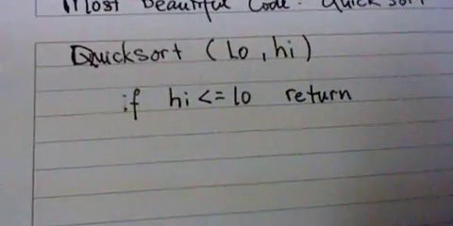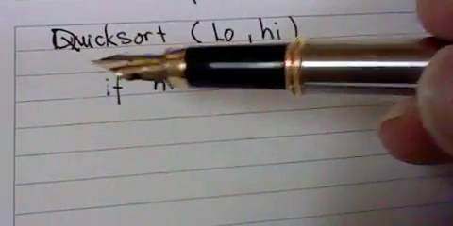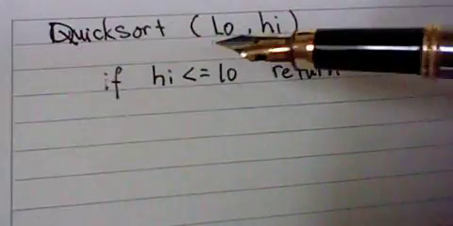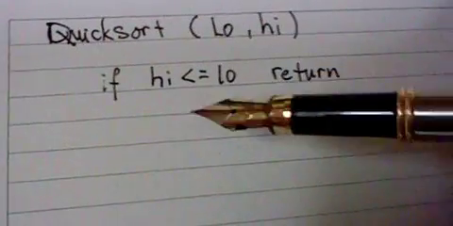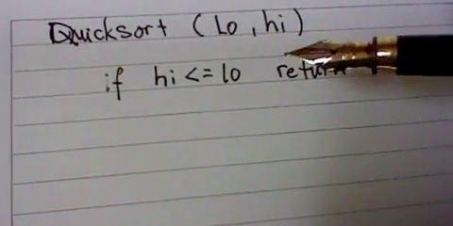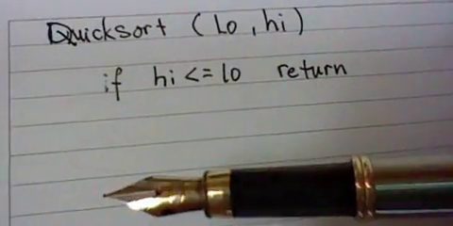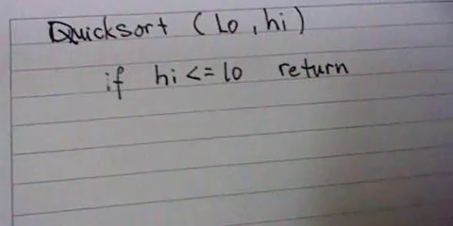It's just to say we're done with the function. We don't do anything. Some people put if high is greater than low and then put a curly bracket here and keep going, and I don't like that because I have to count the curly bracket here, and we'll have to match it somewhere down the line over here. We're done, so we don't have to do anything. We don't have to worry about it.